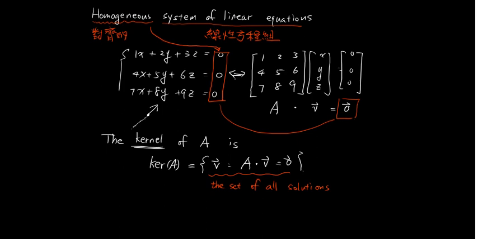I did not do the calculation, so I don't know which one it is. But it is a straight line in three-dimensional space. And I will tell you why later, maybe in the next class. But the point is that the kernel of A, if you look at the solution set of any homogeneous system, then it is always a span S.